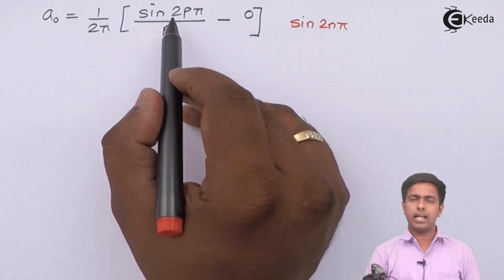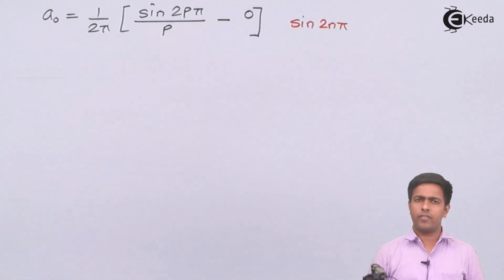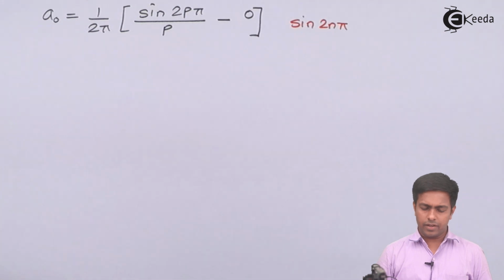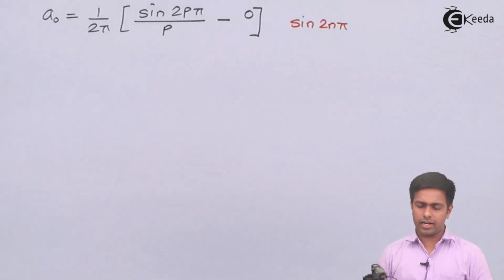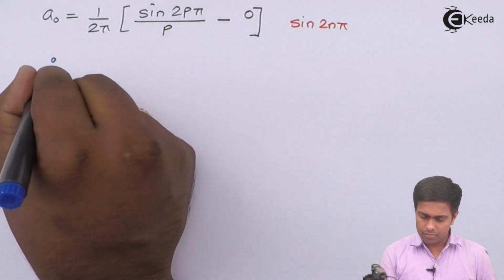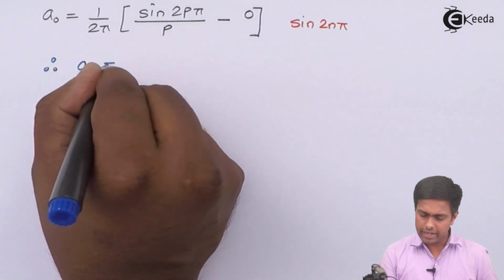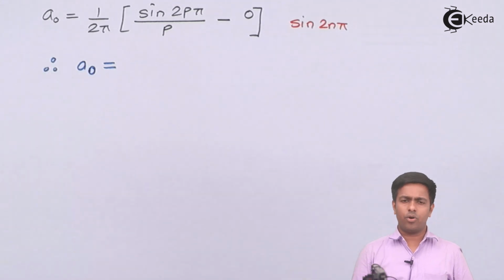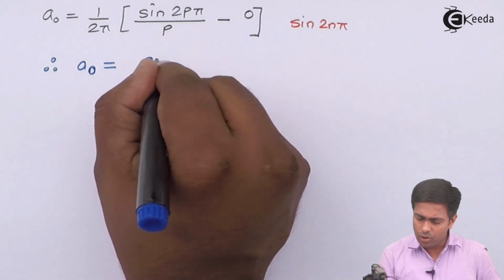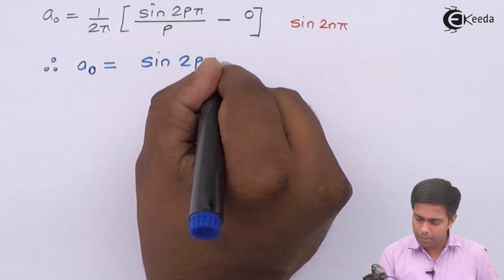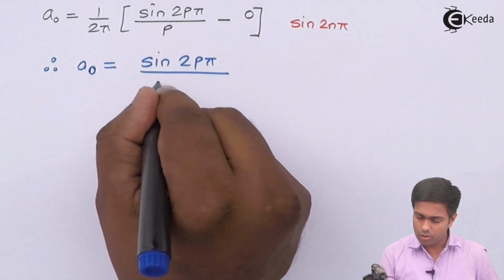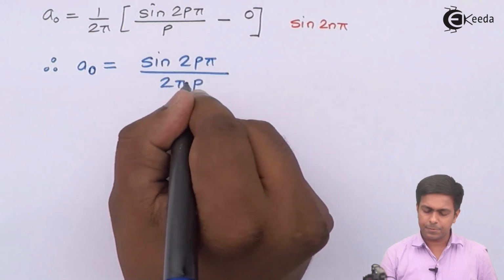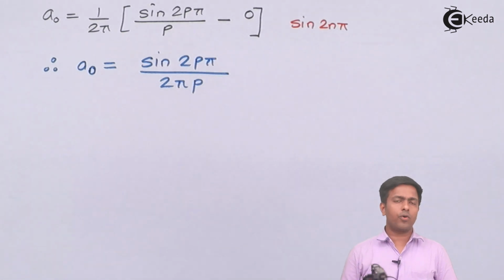So we can't say whether it will be 0 or some value. So we'll keep this value as it is, and therefore the value of a0 is sine of 2p pi whole upon 2 pi p. So this is the value that we got for a0.